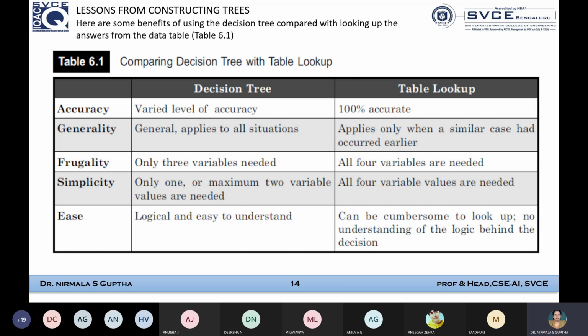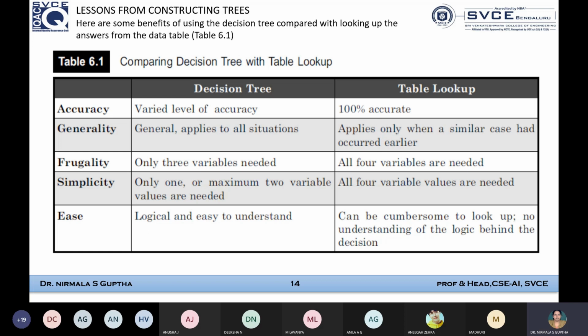Then the second step, which we learnt today and yesterday, is selecting the best splitting attribute according to a certain condition.